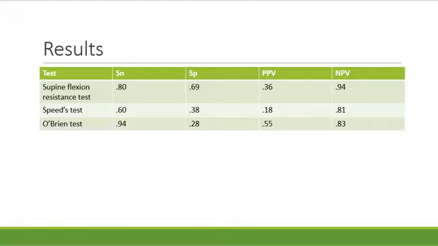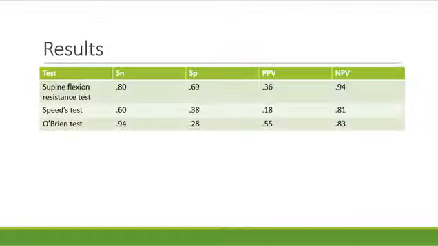So how did they match up versus the SPEEDS and the O'Brien test in this study? Well, the authors concluded that the supine flexion resistance test had better specificity than the other two tests, which it did, but is 0.69 great? Not great. It was better than the SPEEDS test, but not better than the O'Brien's test.